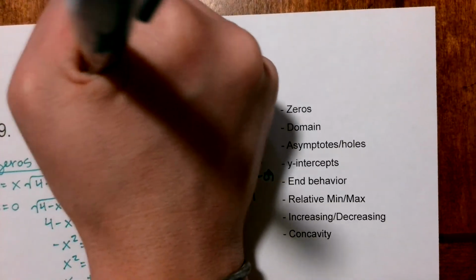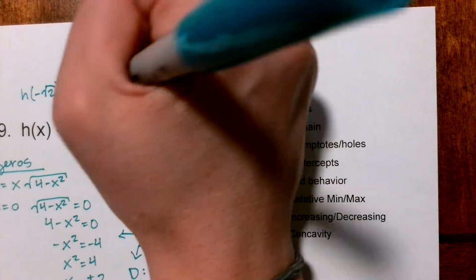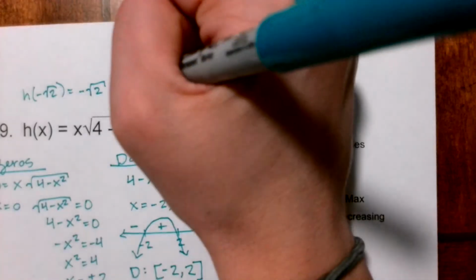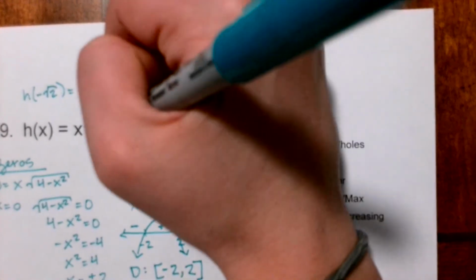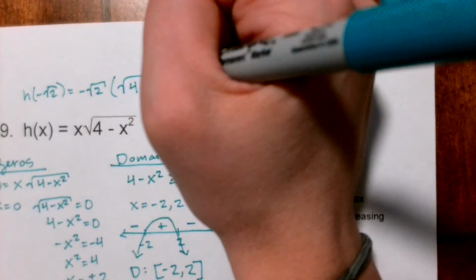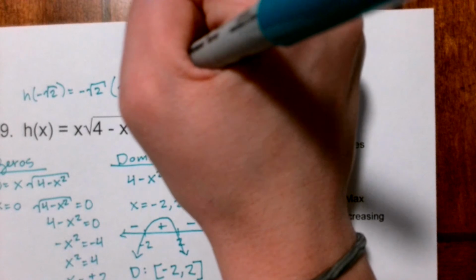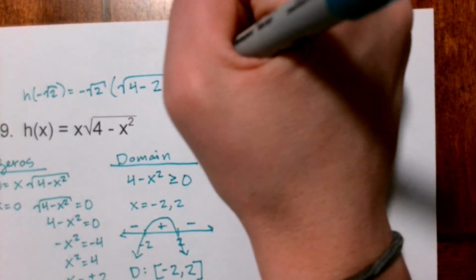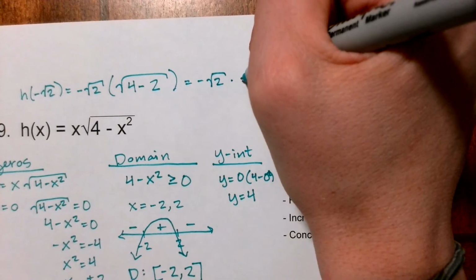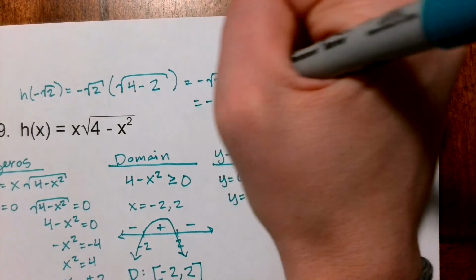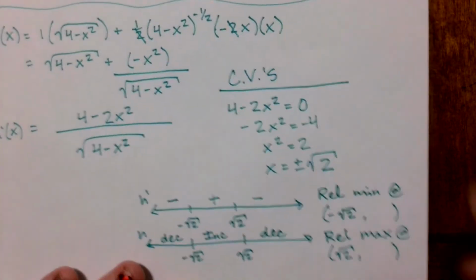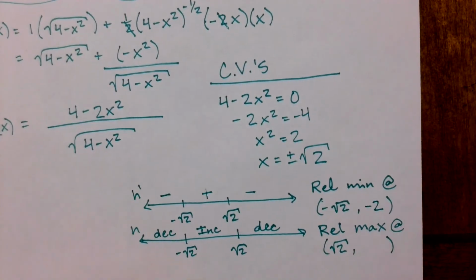We've got negative radical 2 times, let's see, 4 minus, if we're plugging in a negative radical 2, we would end up with a positive 2 there, times radical 2, so a negative 2. That worked out kind of nice. And so our negative radical 2, negative 2.